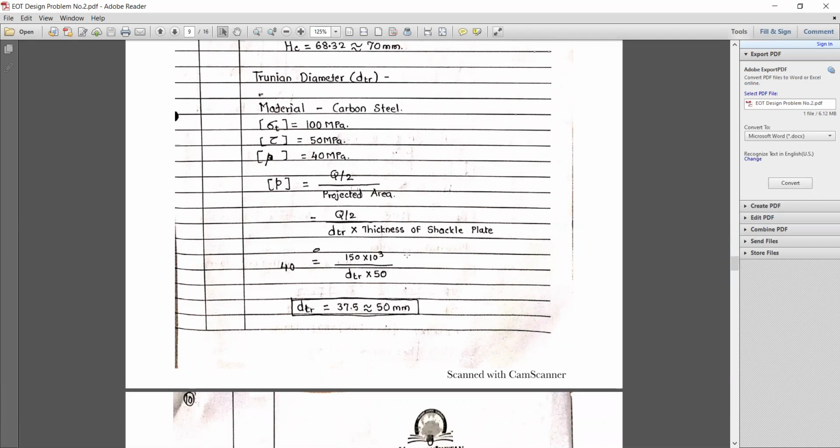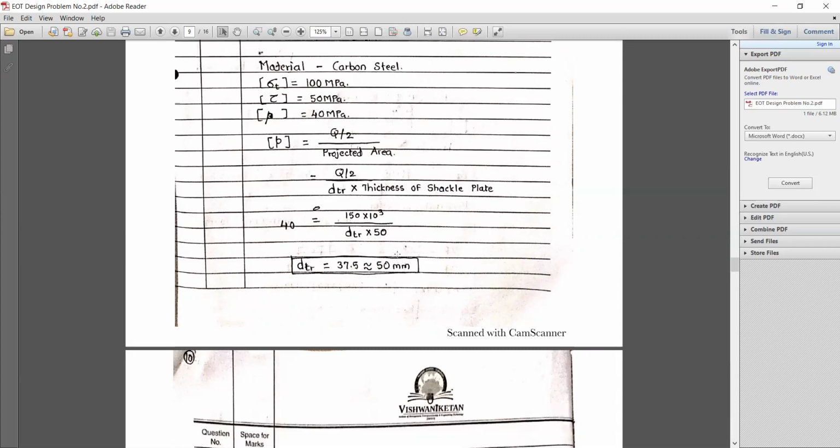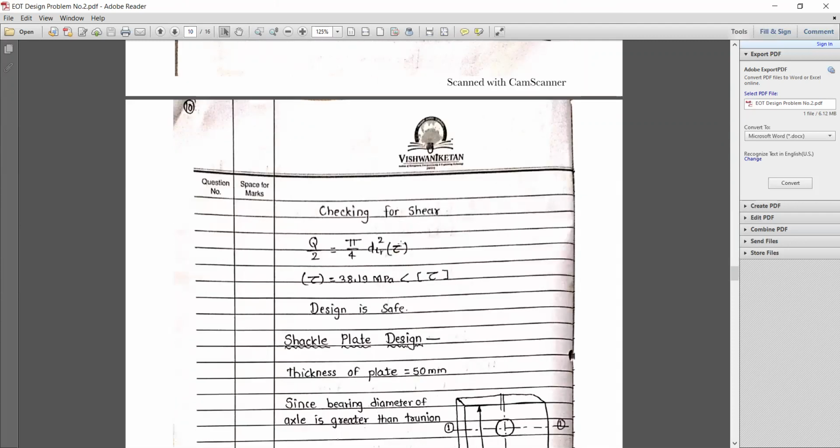Putting all the values, the trunnion diameter that we have calculated is 37.5. We are modifying it to 50 mm by considering the factor of safety.